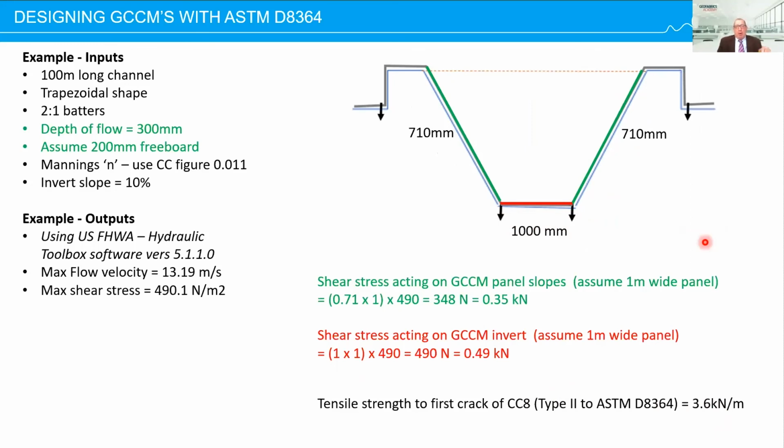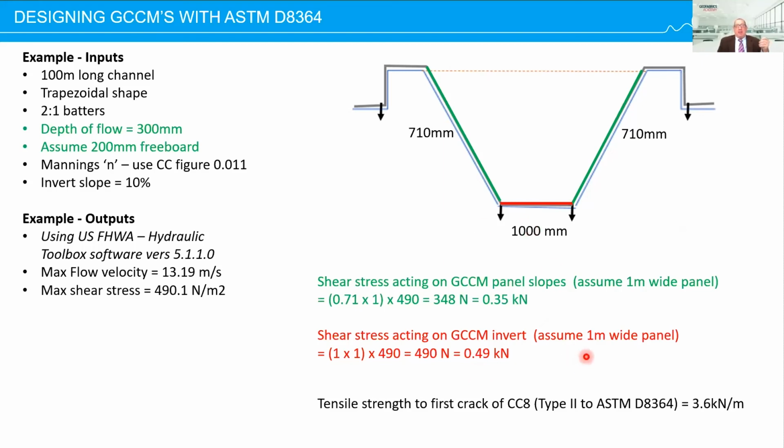Now, when you apply that same shear stress over these segments, we have a maximum of 0.35 kilonewtons on these green panels on the sides and a maximum shear stress of 0.49 kilonewtons acting on the invert.